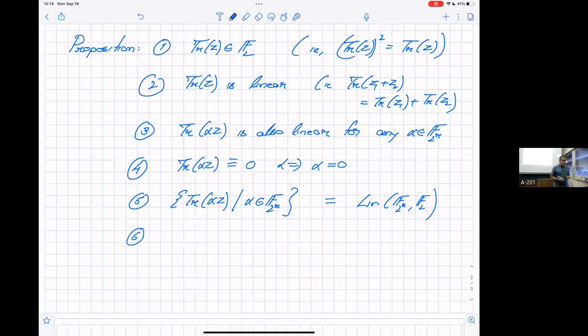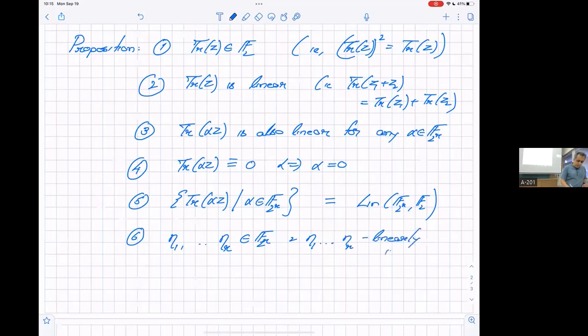So suppose we had eta 1, eta 2, up to eta r in the big field, and they were linearly independent. That is, these are elements in the big field, and there is no GF2 combination.